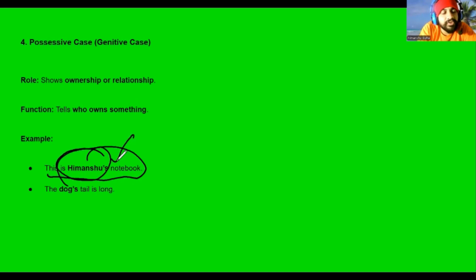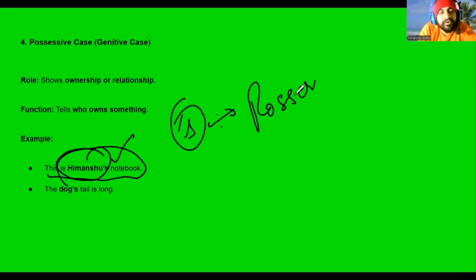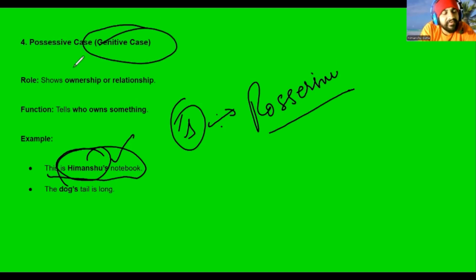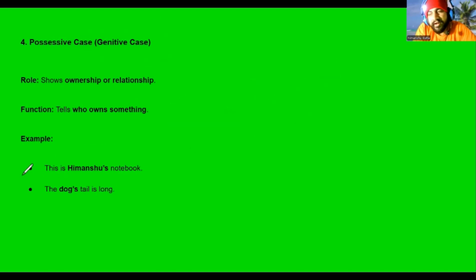So Himanshu's, written with an apostrophe s, is in the possessive case. If in your exercise or in any question in your paper they are talking about the genitive case, then it is also the possessive case. It's one and the same thing.